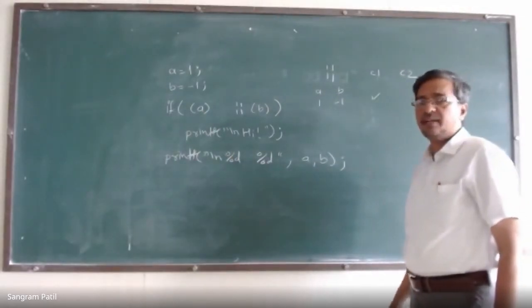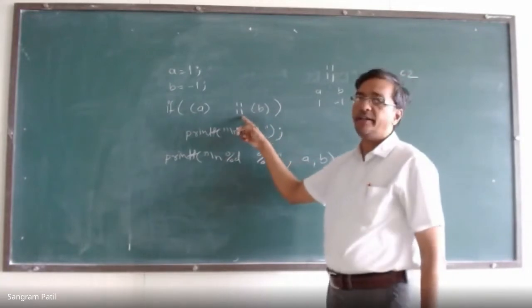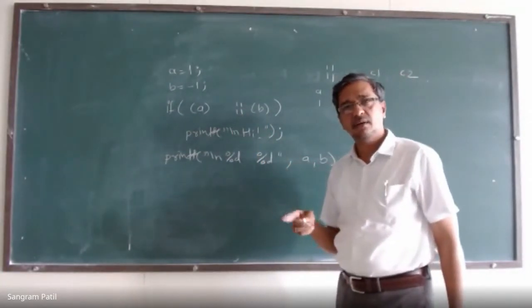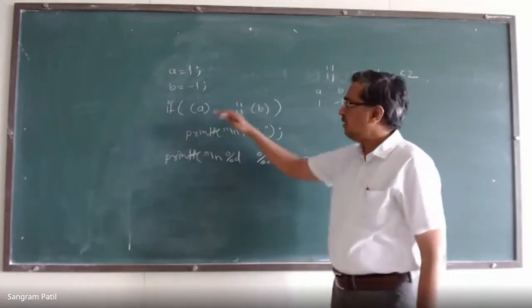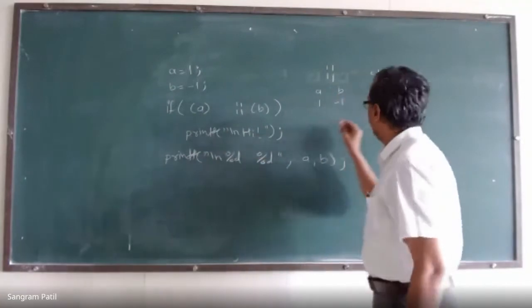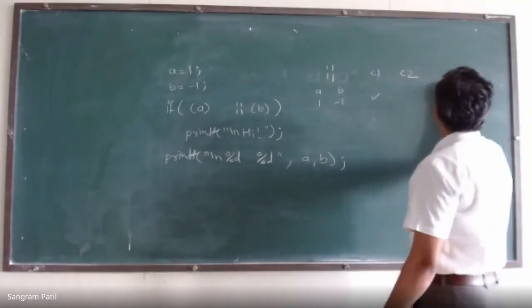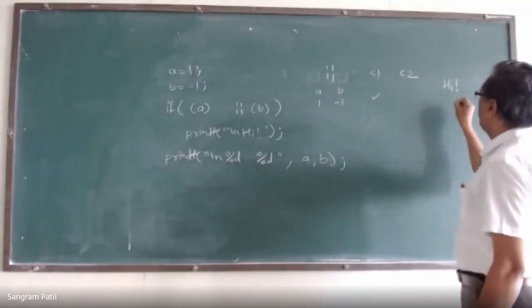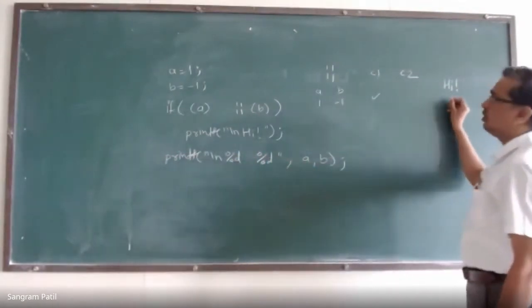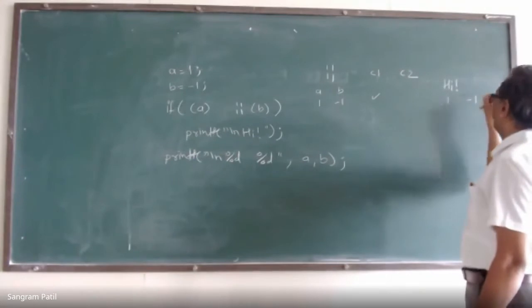Or means if any one condition is satisfied, execute if part. And first condition is satisfied, so it won't go to check second condition. This will print high. Then it will come here, it will print value of A and B. So this will print 1 and -1.